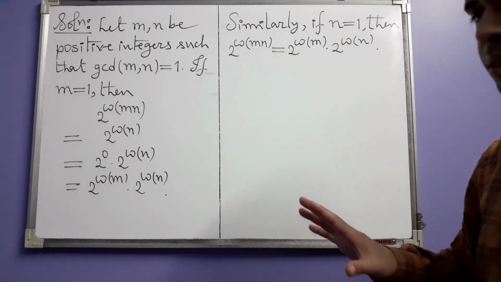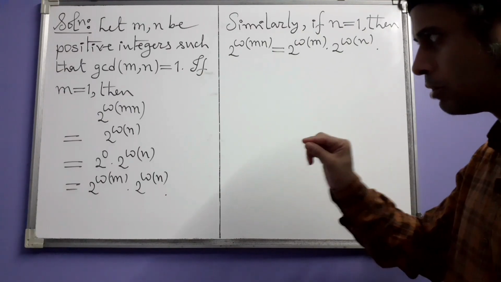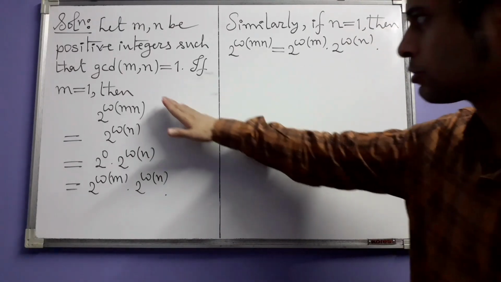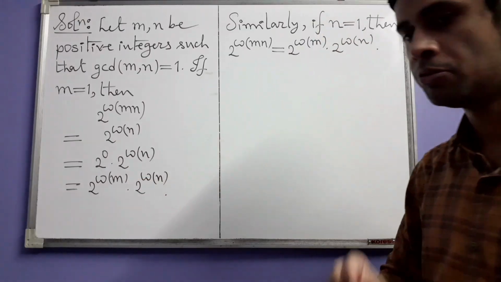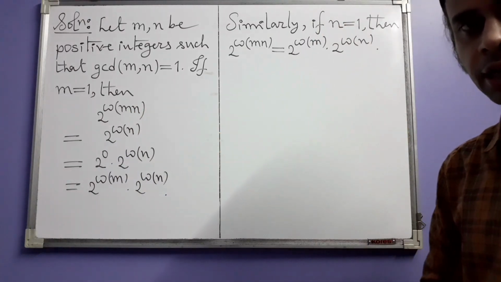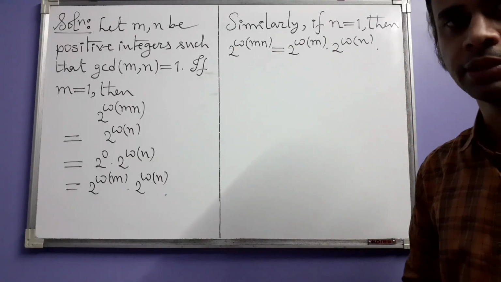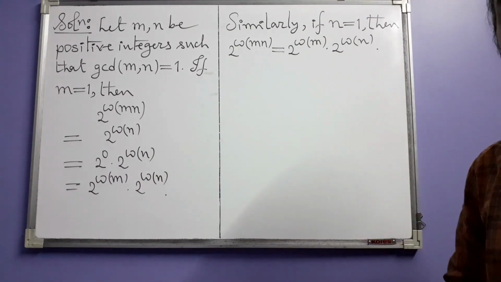So if we be really strict about everything, we would really put whatever we have here in its proper place. Okay, so now I have proved that this is equal to this when m is 1, when the first number is 1. And now I want to prove this when the second number is 1. So how do you use this case to prove this?